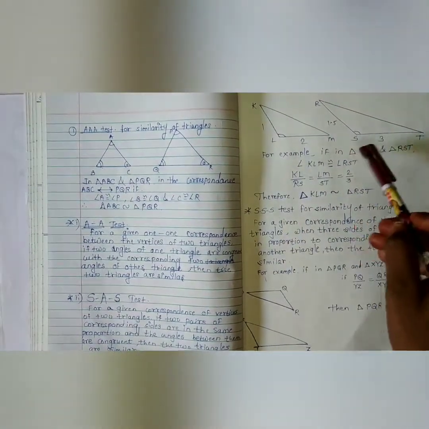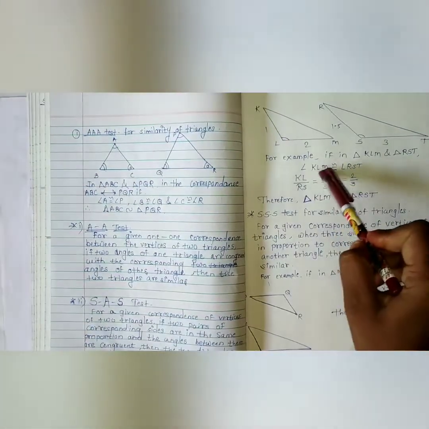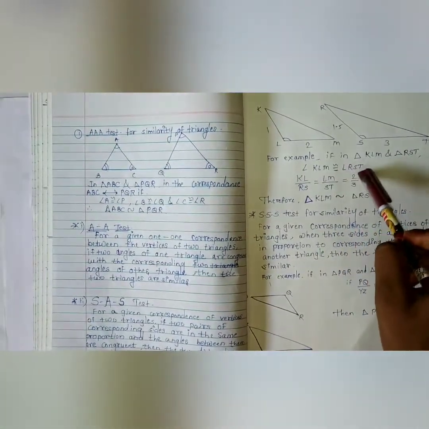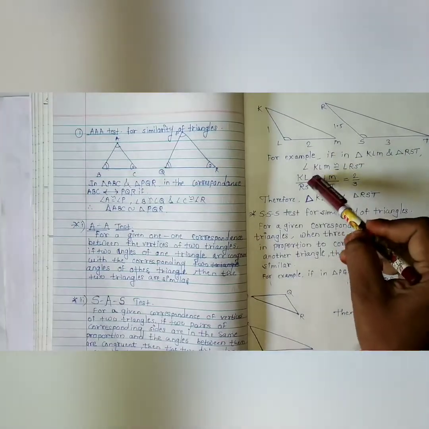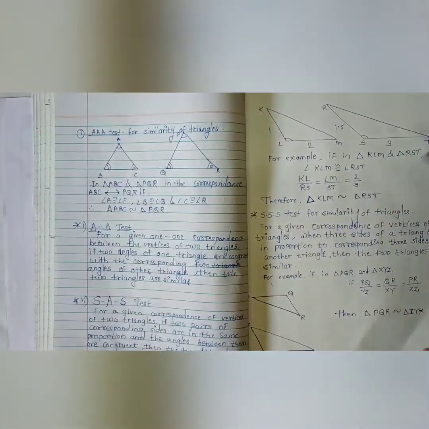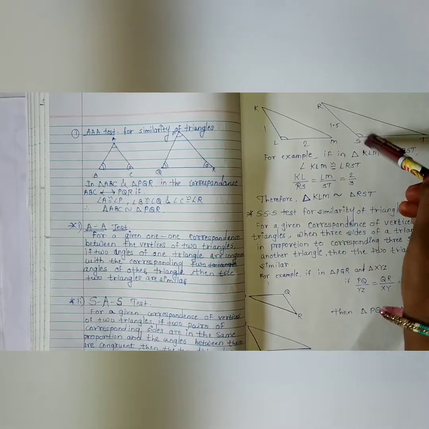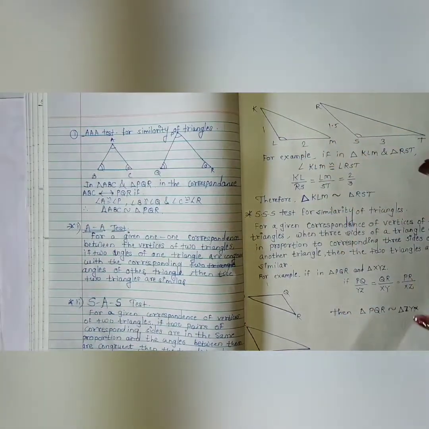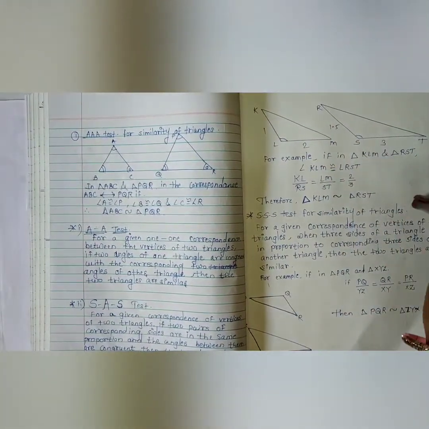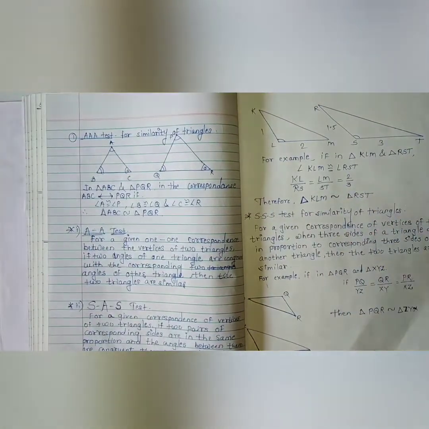For example, in triangle KLM and triangle RST, angle L and angle S are congruent. And the remaining two sides are in proportion, meaning KL upon RS is equal to LM upon ST is equal to 2 upon 3. Therefore, triangle KLM is similar to triangle RST.